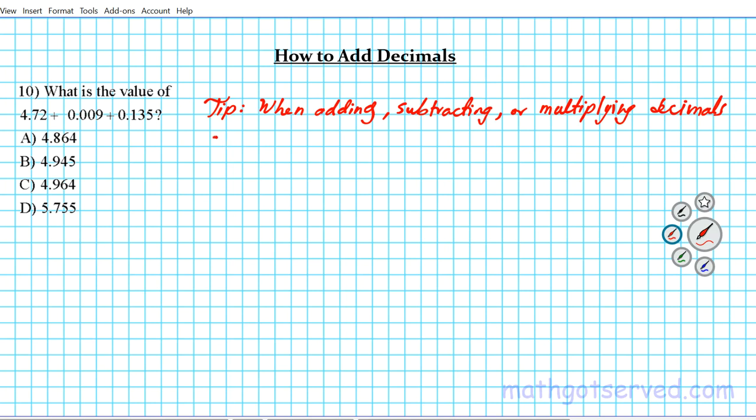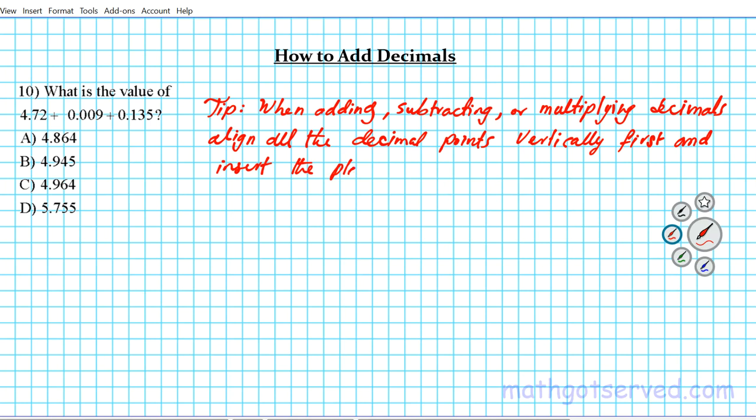You want to align all the decimal points vertically first. And then when adding or subtracting, you can insert the placeholder 0 where applicable. Okay? Alright, so let's see how we can apply this tip to this particular problem.